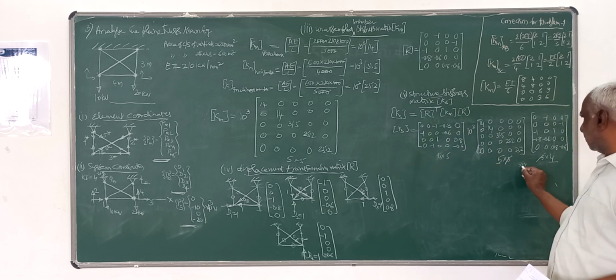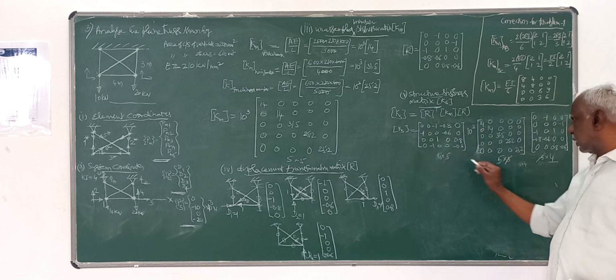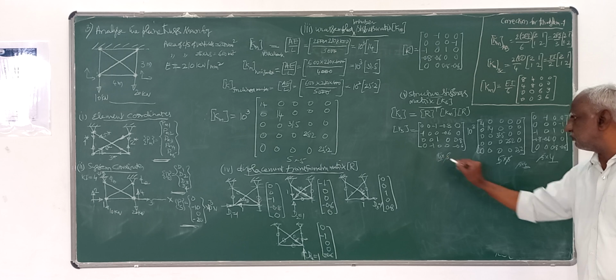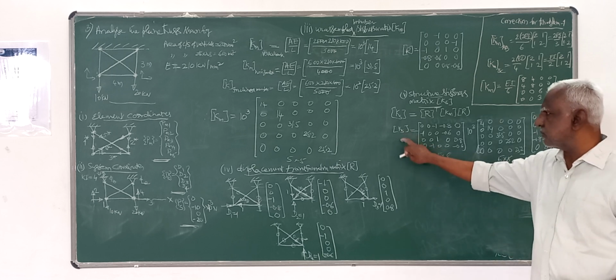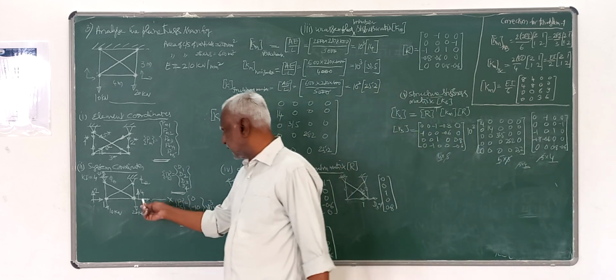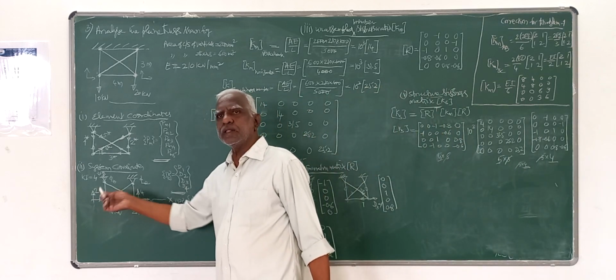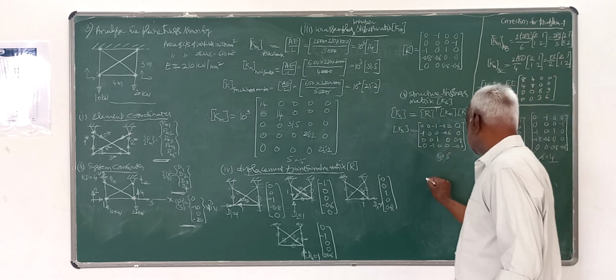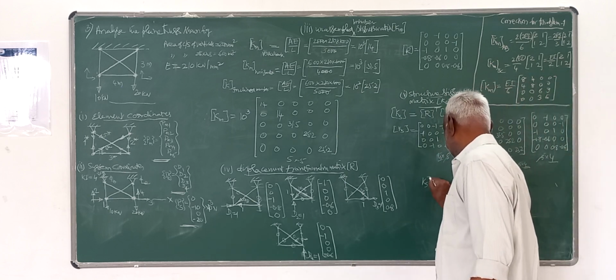So the column here is equal to the row here, and the resulting matrix will be a 4 by 4 matrix. So the KS matrix will be a 4 by 4, naturally corresponding to 4 coordinates.